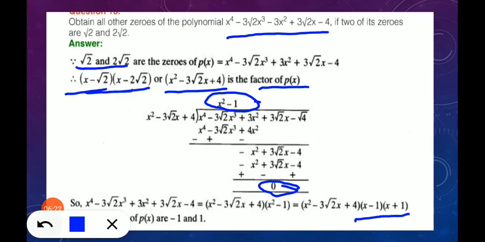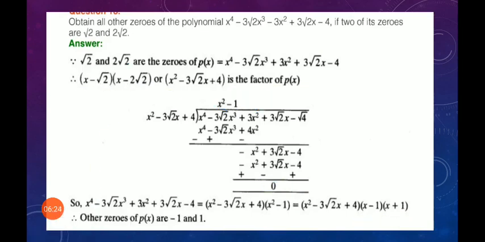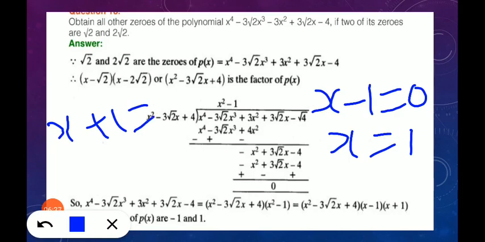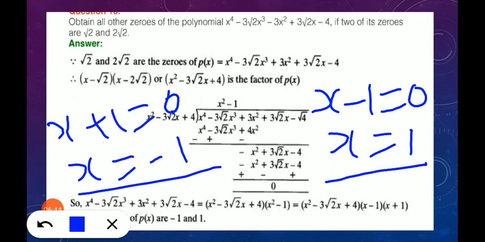So the other two zeros are minus 1 and 1, because if we take x minus 1 equal to 0, we get x equal to 1, and x plus 1 equal to 0 gives x equal to minus 1. This is a polynomial of degree 4, hence it has 4 zeros: root 2, 2 root 2, 1 and minus 1.